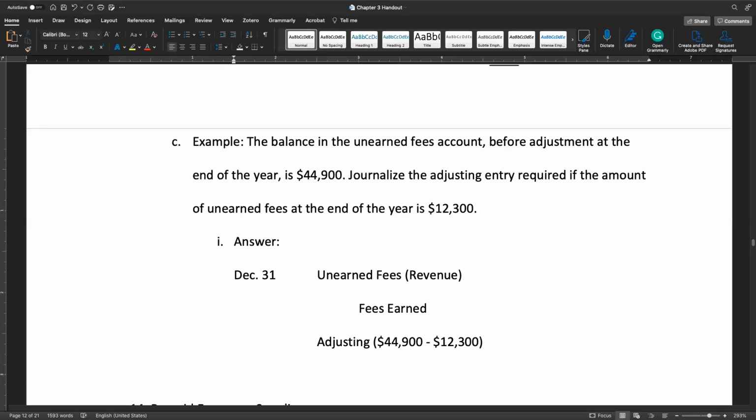So if the problem tells you what our balance should be in the unearned fees account, you're going to take what we start with and subtract. If it tells you how much work we've done, you just use that actual number. So the amount we're going to end up with here is $32,600.